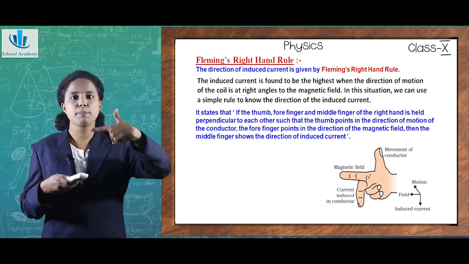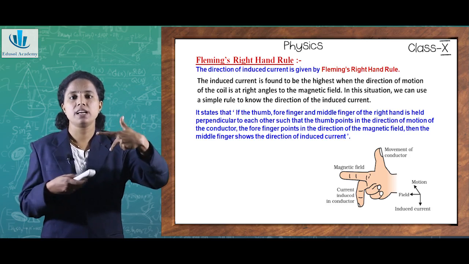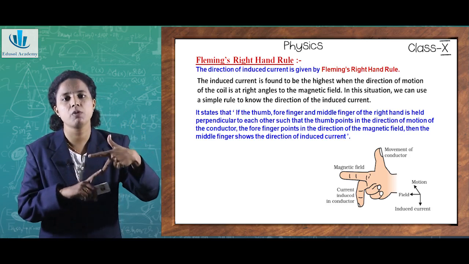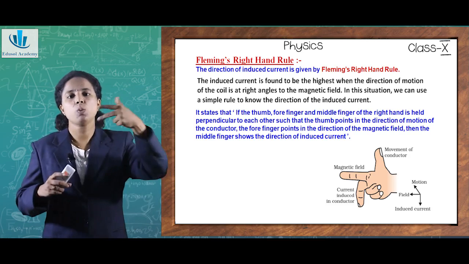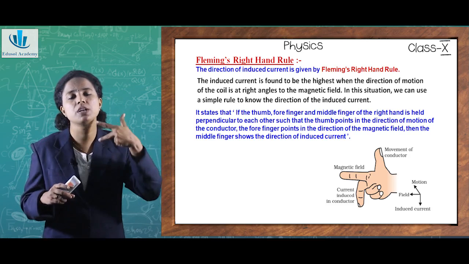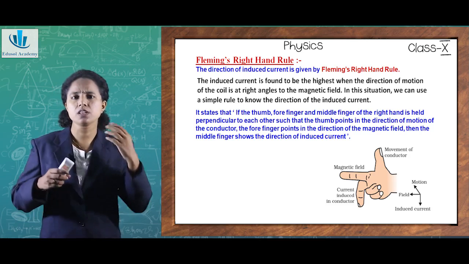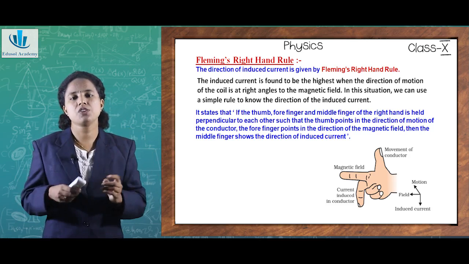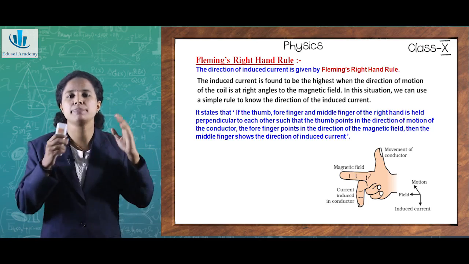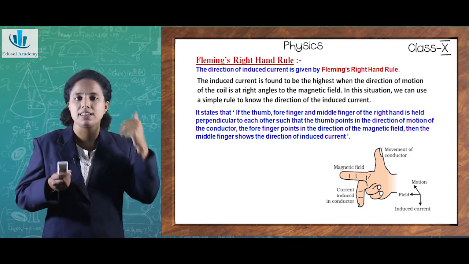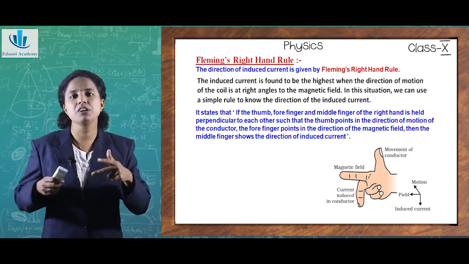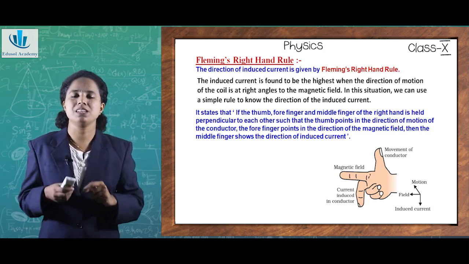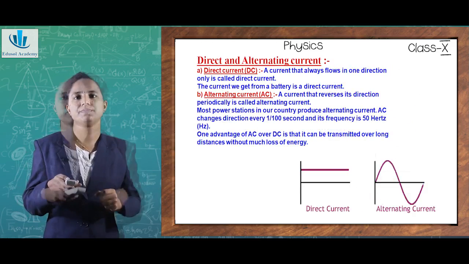Then, if they are held in a perpendicular position, the current induced in the conductor will be shown by my middle finger. So, the movement of the conductor and the magnetic field are shown respectively by the thumb and the forefinger, and the middle finger will show you the current which is induced in the conductor.